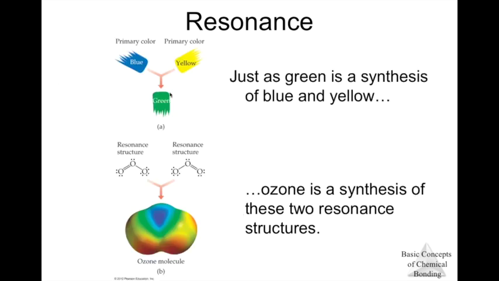And just like blue and yellow make green, we can take this resonance structure and that resonance structure and blend them together. When we're looking at a whole bunch of ozone, we get a blending of those, and they basically balance each other out. You get a synthesis of these two resonance structures, everything cancels out, and you end up with equal bond lengths and equal charges.